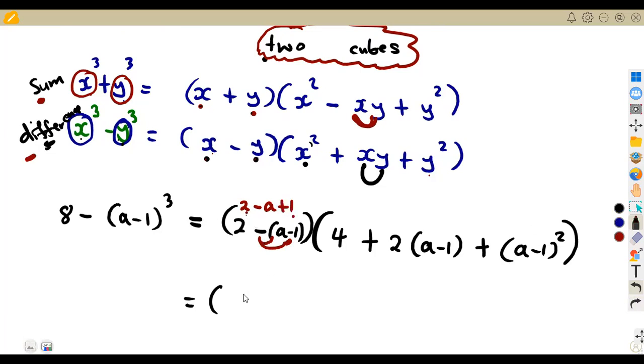Then we remain with the minus a. So it's going to be 3 minus a in this bracket, which is the same as minus a plus 3, but it's best for you to start with a positive one, 3 minus a.